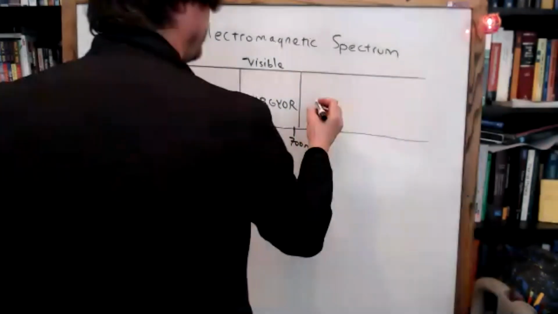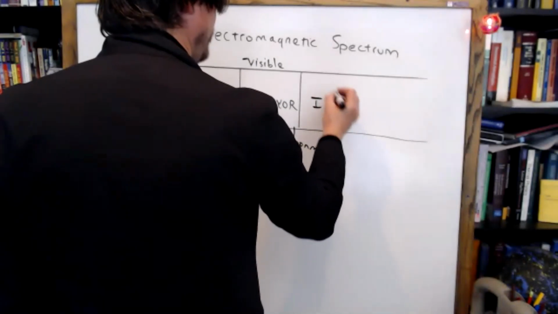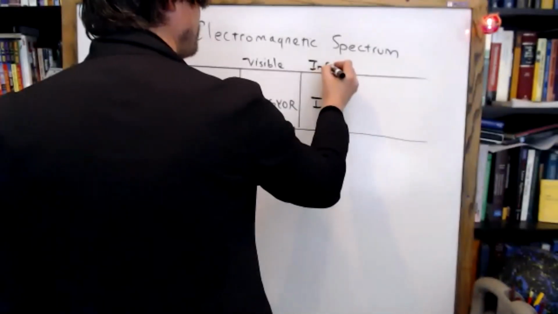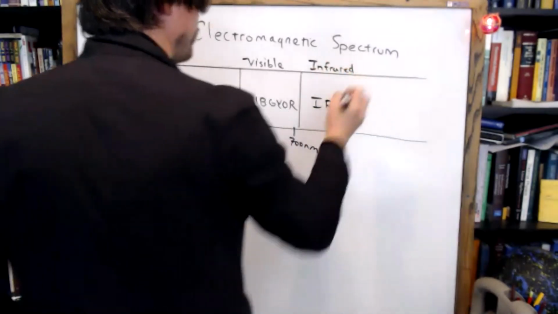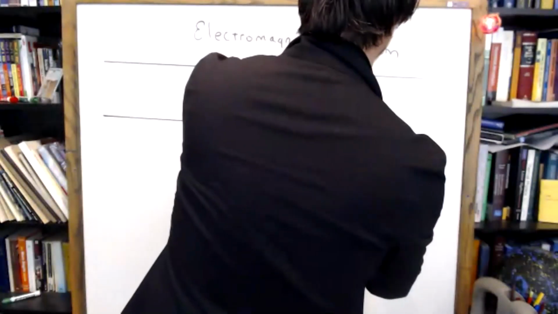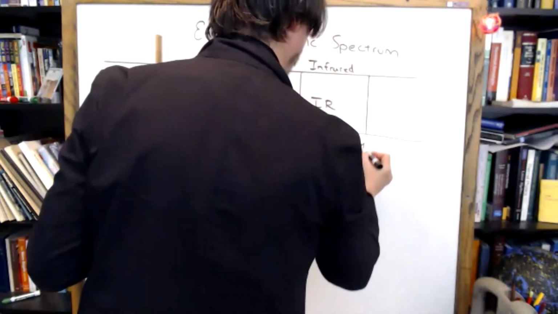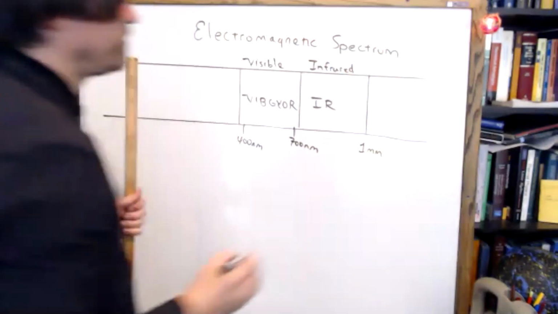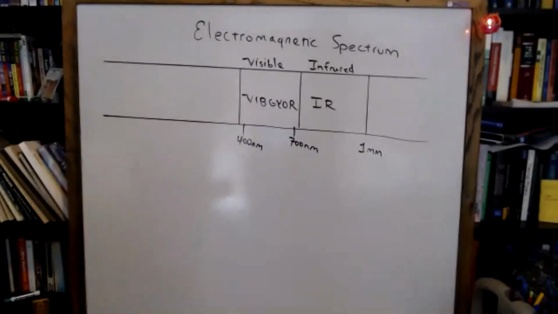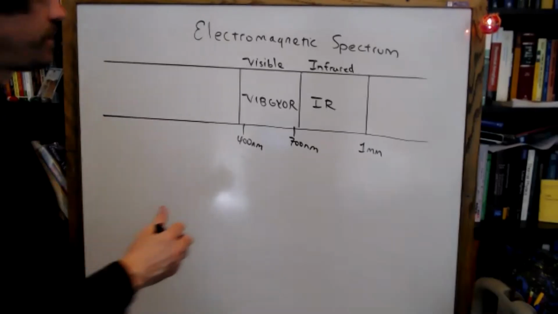At longer wavelengths, we have the infrared regime. That goes up to about 1 millimeter or so. 1 millimeter is kind of like the rough cutoff from infrared into radio.